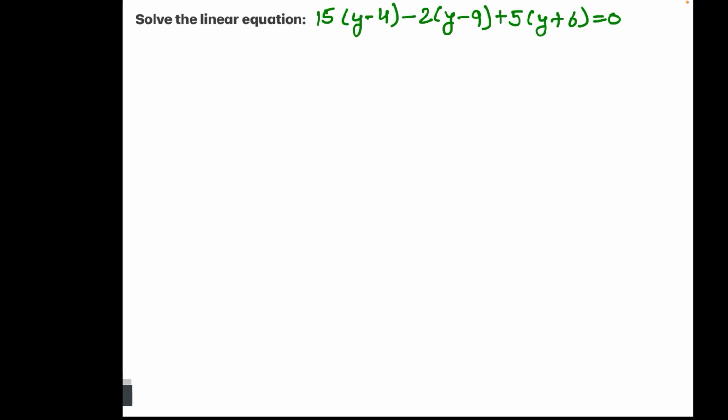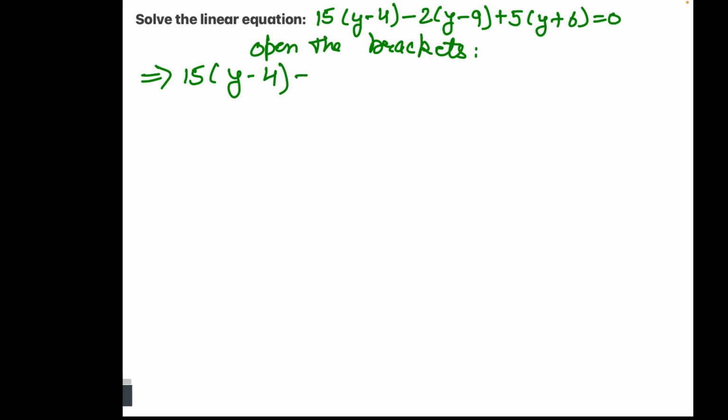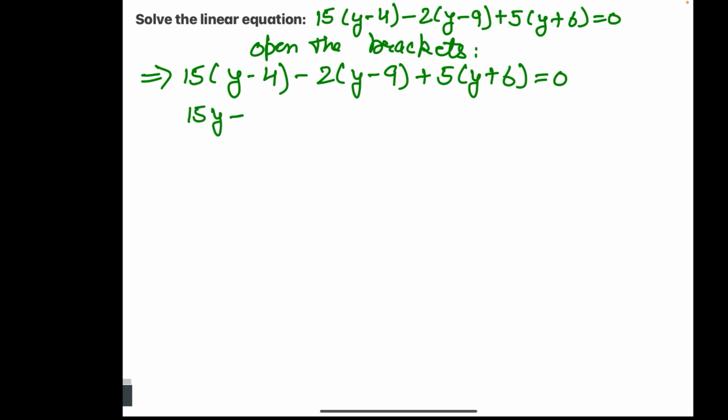The next equation is 15y minus 4 minus 2 into y minus 9 plus 5y plus 6 is equal to 0. First of all, we will open the brackets. 15 into y becomes 15y minus 15 times 4 is 60.